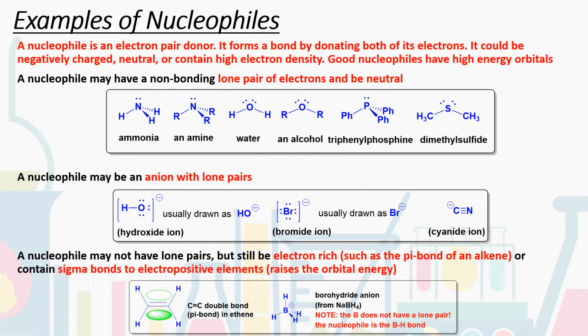Typically we have the borohydride anion, BH4-, but the really key distinction here is that the negative charge doesn't represent a lone pair. If we think about how we've formed BH4-, we've taken BH3, boron in group 3.